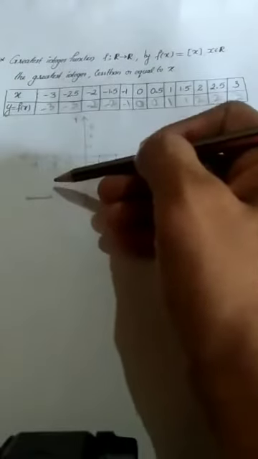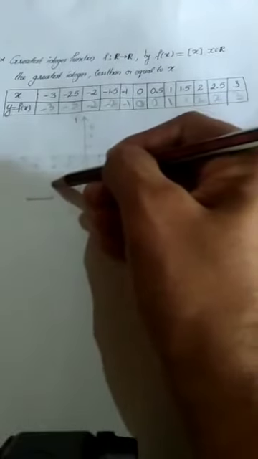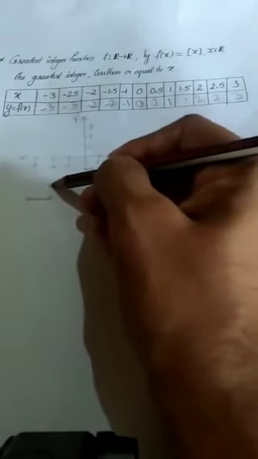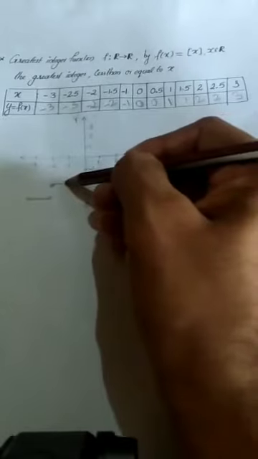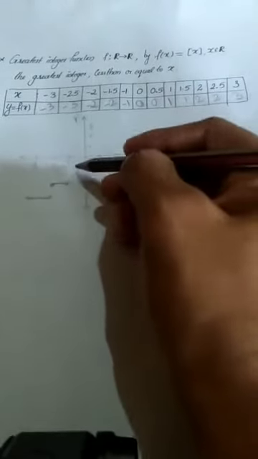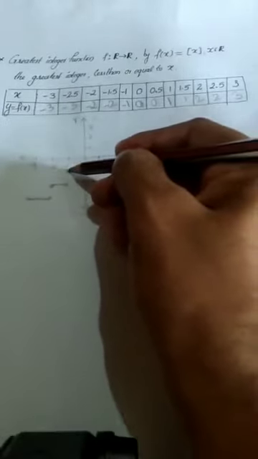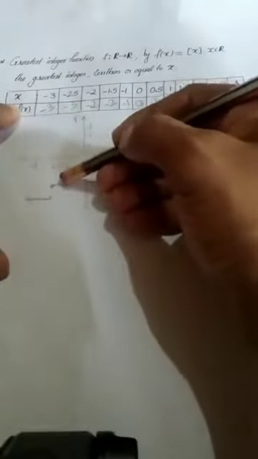Then the image of minus 1 is minus 1, and the image of 0 is 0.